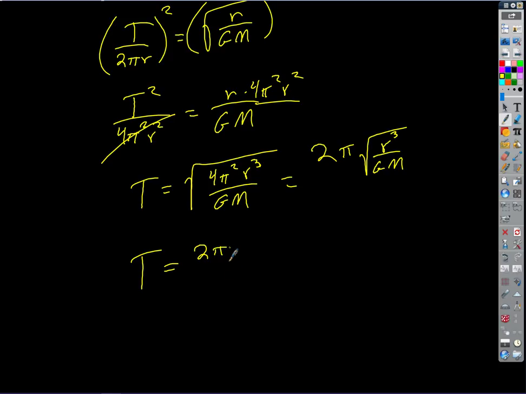Could you take out an R? You could, yeah, but then you'd have one R out and one R in, so it's probably easier. Generally, this is the way that formula is written. When you write the formula, they just keep the R cubed inside, so you only have to deal with the R once. What does it mean? Because when you take out the R, you get the circumference formula.